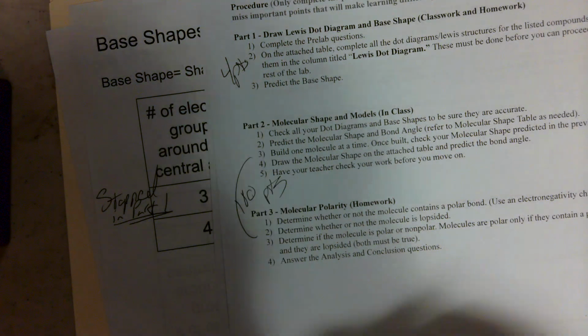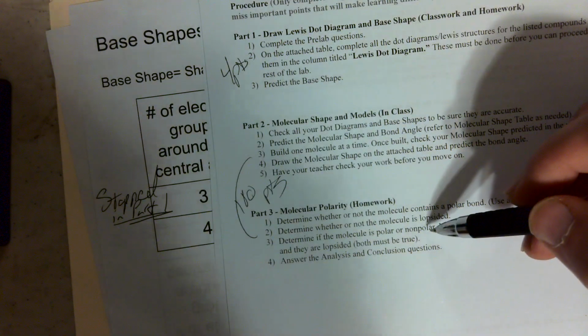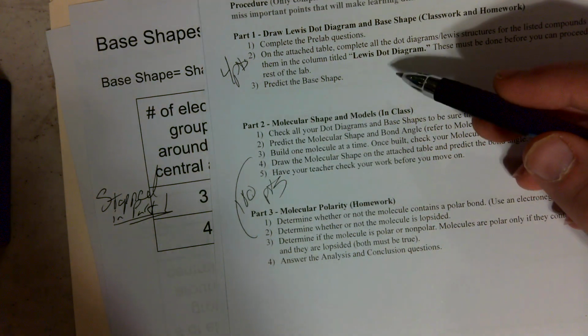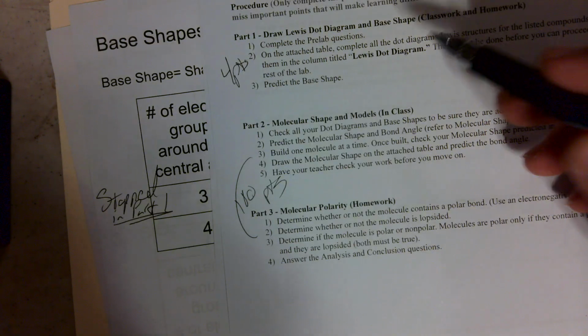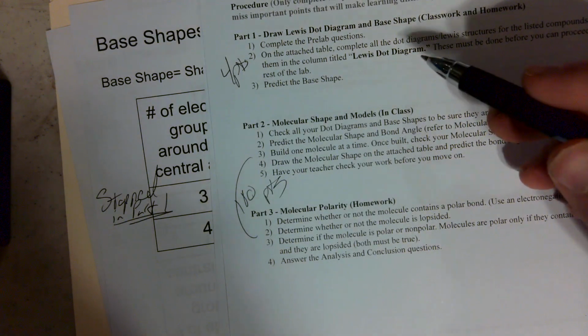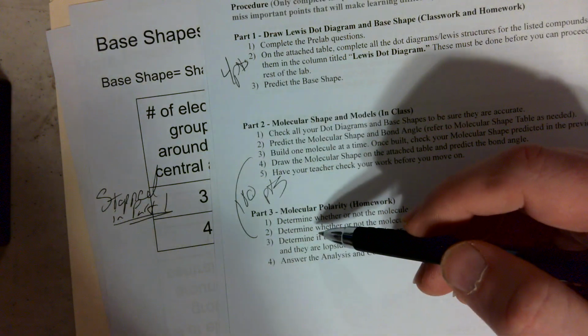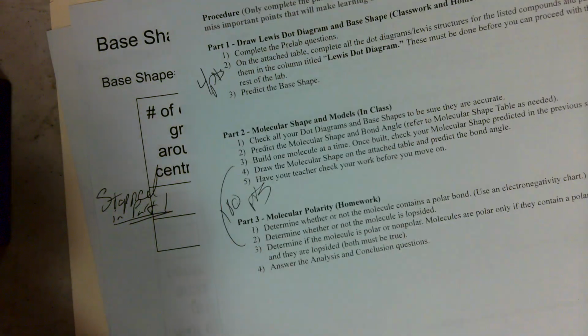So here's the thing, is that you can't do part 2 and part 3 without doing part 1. The math won't math for you if you don't do part 1 now, so you can get the full points in part 2, part 3. So that's where I'm going to stop for today.